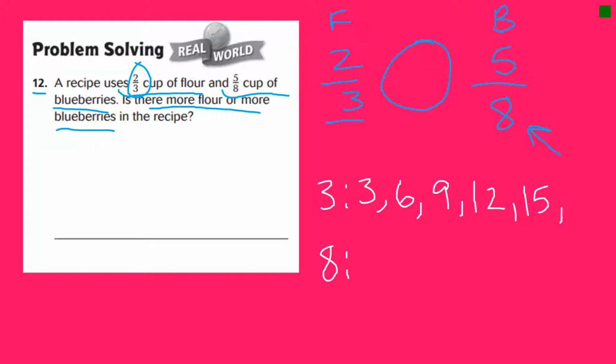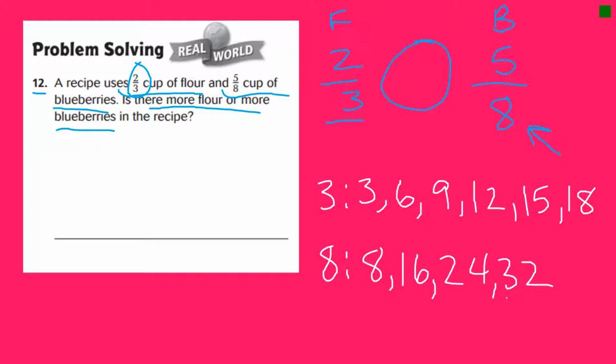Oh, look, I ran out of room. Okay, now let's list some multiples of 8. Okay, so we're counting by 3s, counting by 8s. Do you see anything that they have in common? No, I don't either.